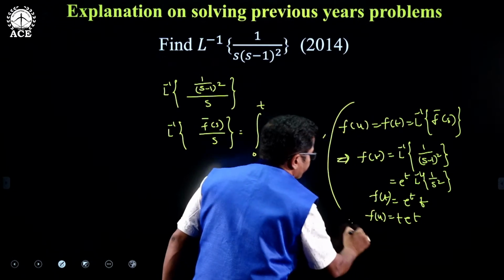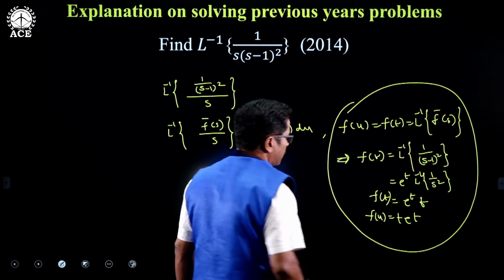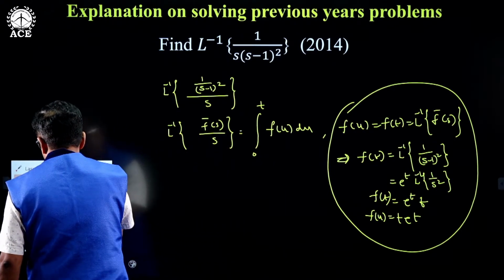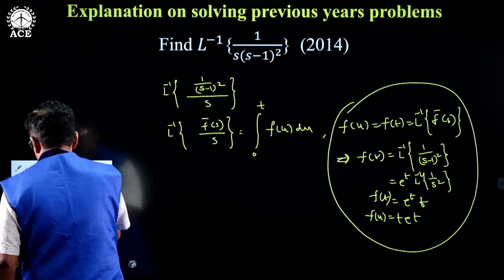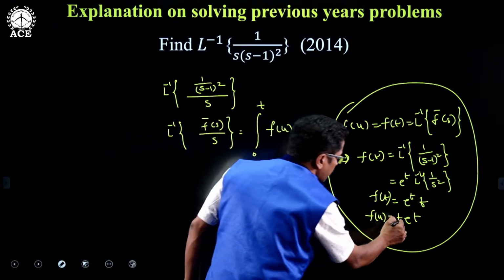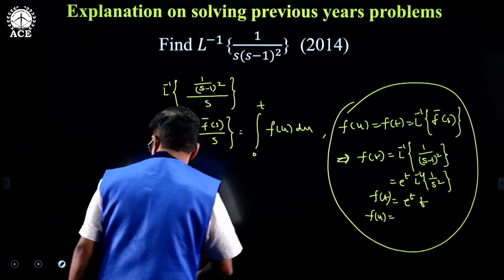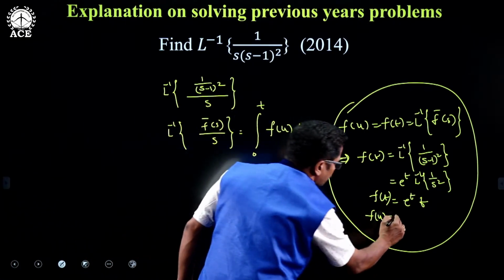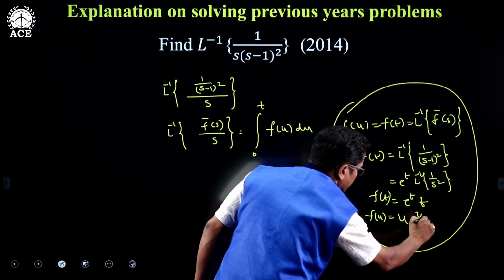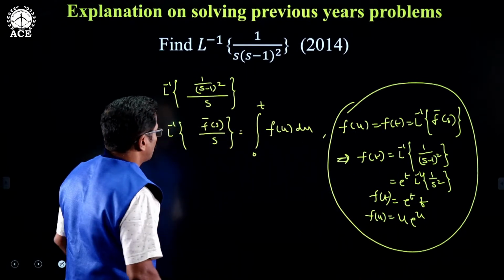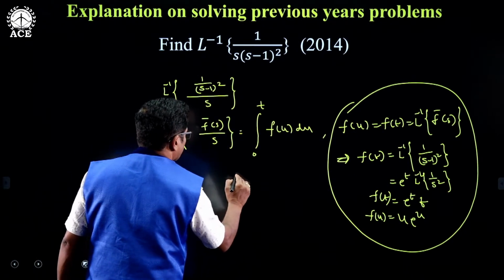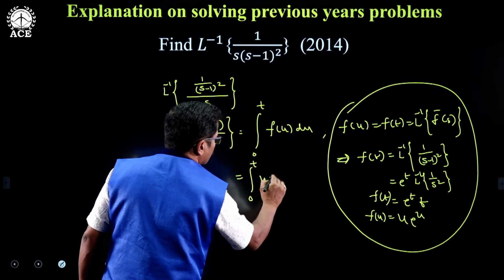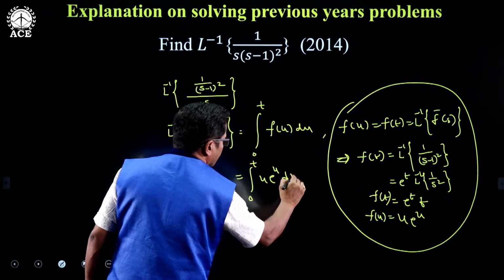So f of u equals u into e power u. Now I am going to apply the integral from 0 to t of u into e power u du.